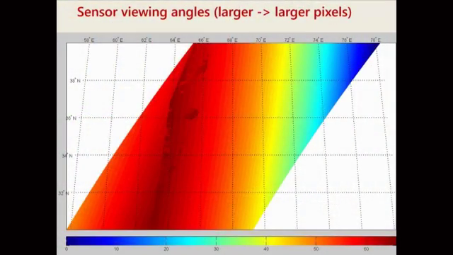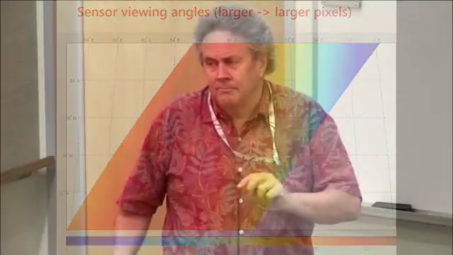Part of the cause of this variability is the fact that we're getting this wide swath of more than 2,000 kilometers from only a 700 kilometer orbit. That means you have to be looking at things at a pretty high viewing angle, right?